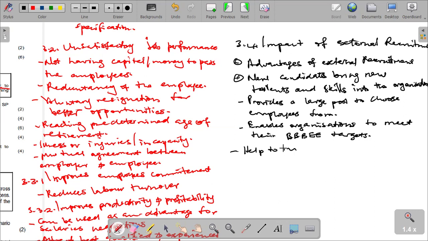It helps to minimize conflicts among employees. Employees' conflict is reduced. It helps to minimize conflicts among its employees, and we are talking about current employees.